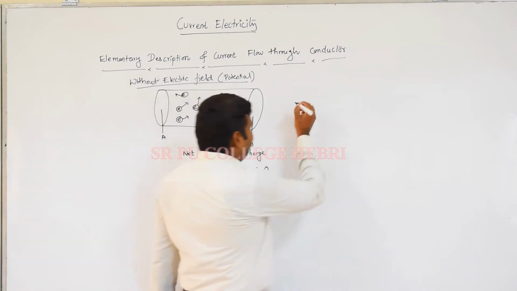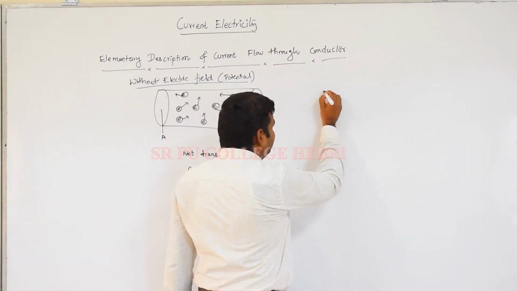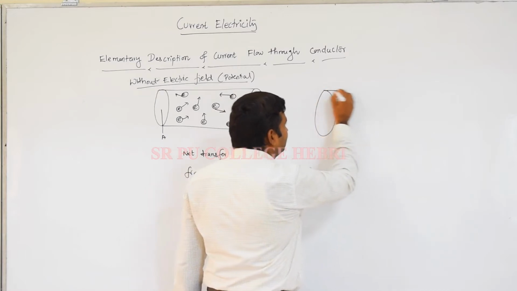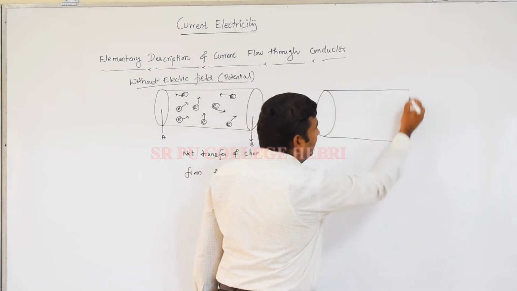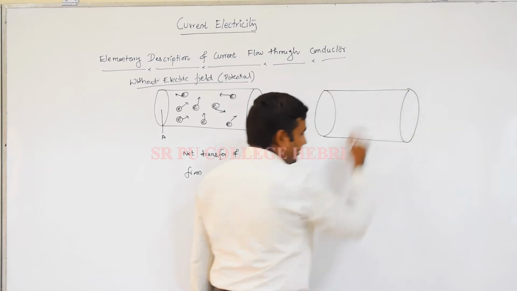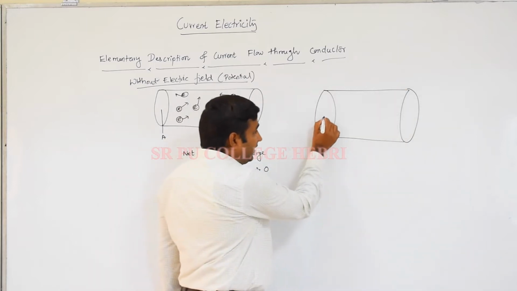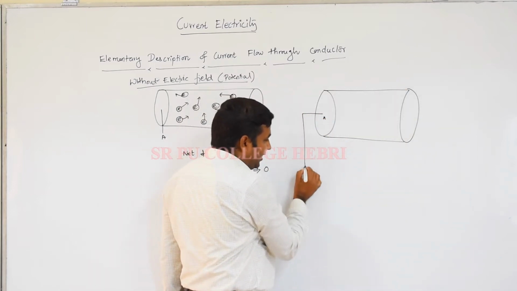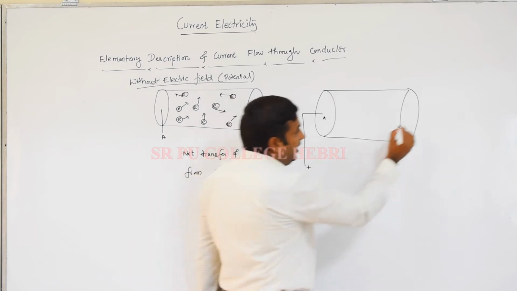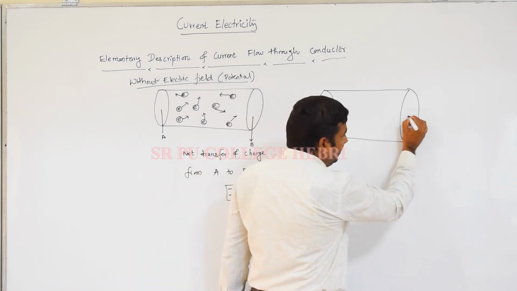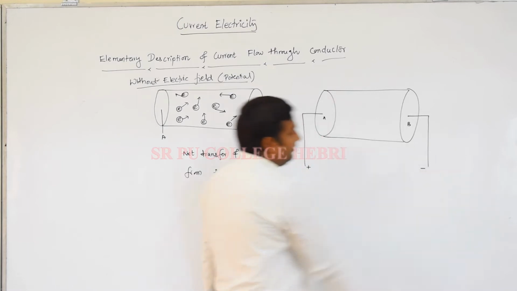Just imagine, consider a conductor like this. One end of the conductor, which I call A, is connected to the positive terminal of a battery. The other end of the conductor, B, is connected to the negative terminal of the battery.